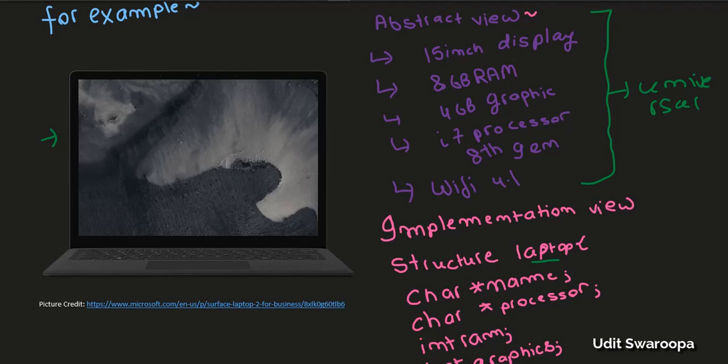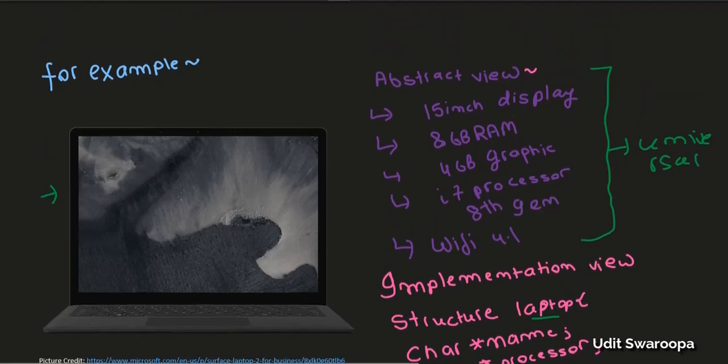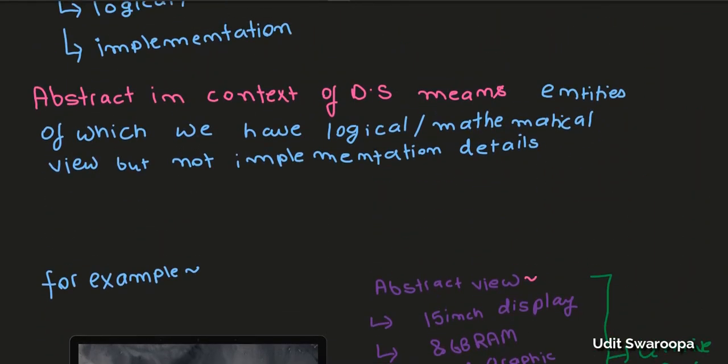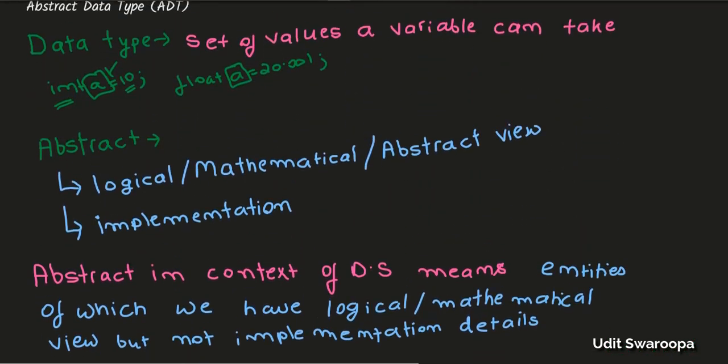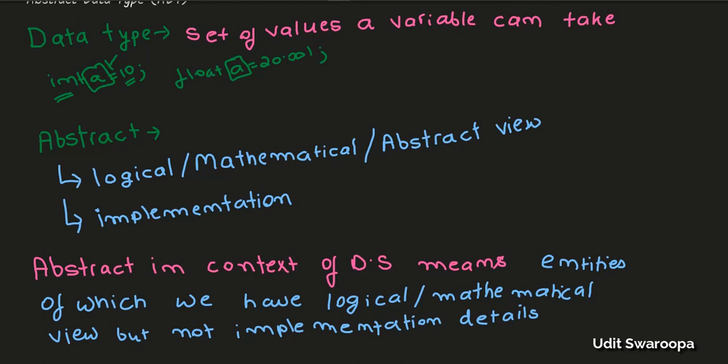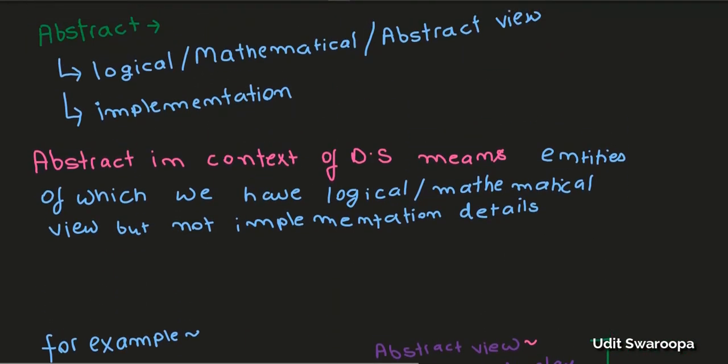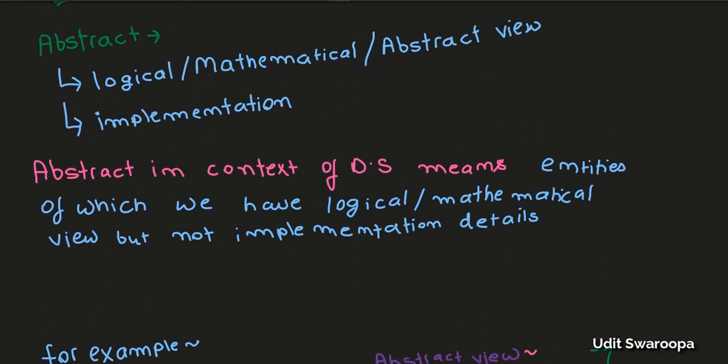Now with this we come to the definition: what is an abstract data type? Abstract data types are those data types which are abstract in nature, which have a logical or mathematical view, but there are no implementation details. The best example of abstract data types is stack.